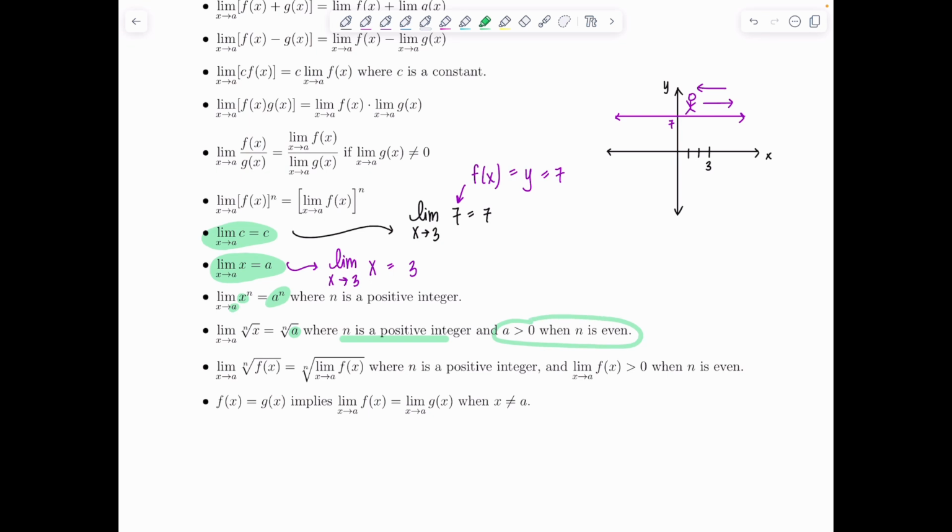Also, you could take the nth root of a function and pass the limit underneath. And f of x equaling g of x implies that the limit as x approaches a of f of x equals the limit as x approaches a of g of x when x is different from a. Okay, so here's all your limit laws.